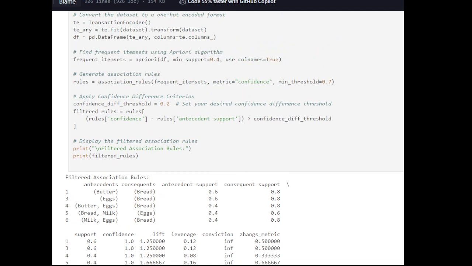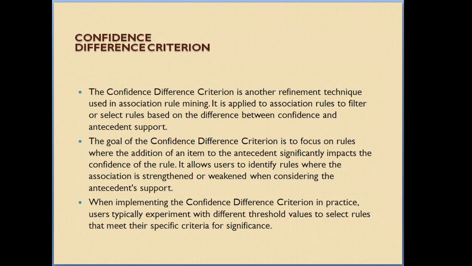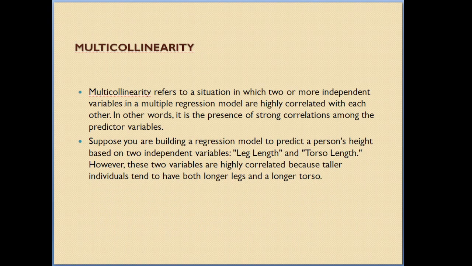Okay. Next is our multicollinearity. What is multicollinearity? It refers to a situation in which two or more independent variables in a multiple regression model are highly correlated with each other. In other words, it is the presence of strong correlation among the predictor variables.